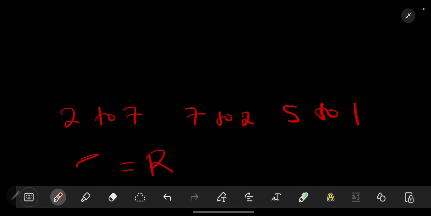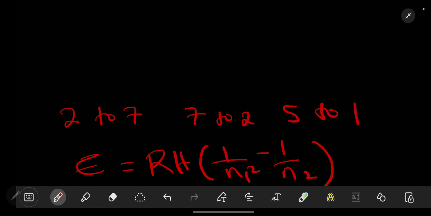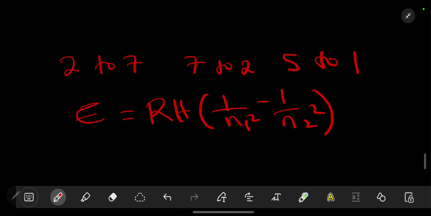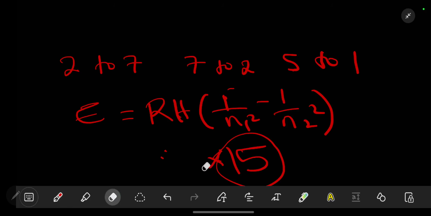To calculate the energy released, we use Rydberg's constant times 1 over n1 squared minus 1 over n2 squared. Since the Rydberg's constant is common, we are going to forget about it. Whether we get 5 or 15, we multiply by the constant, so whichever one has the highest number is the one that releases more energy.